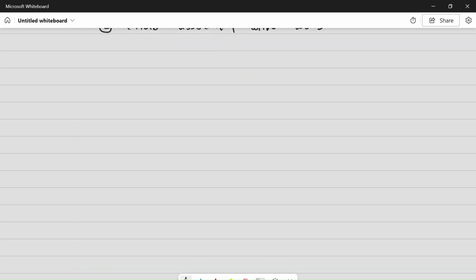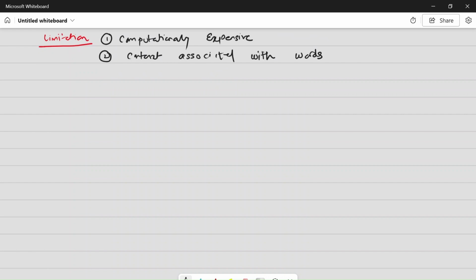Third limitation, it depends on the vocabulary size, like count vectorizer. So this will also get slow as the vocabulary size increases, because it is similar to the count vectorizer. So this is also slow.